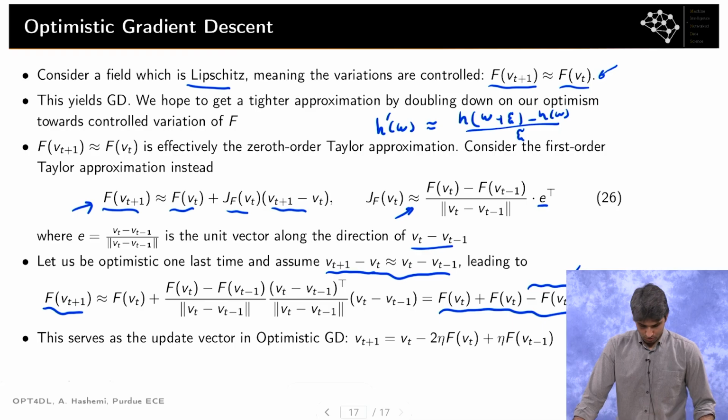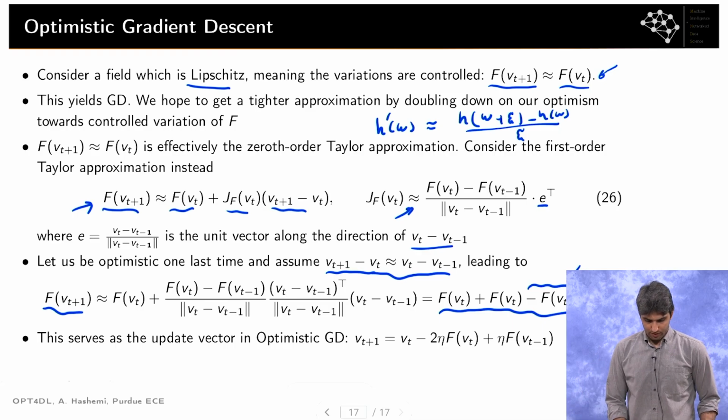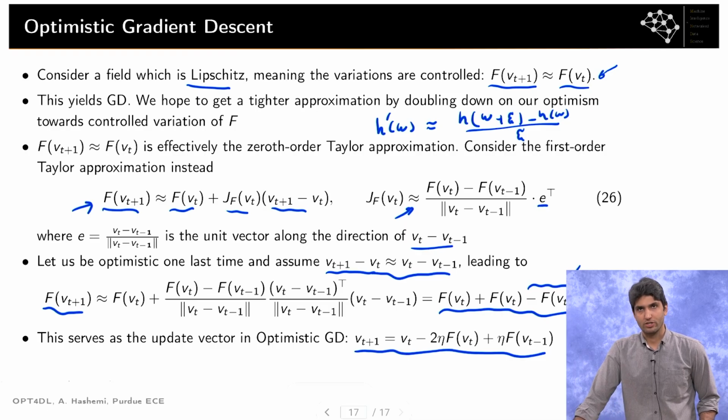If I use this in my update, I arrive at this equation. It says to go from the current point to the next one by following this update vector, which has a term in the direction of the current gradient, and another term, a negative momentum term, which tries to fix the issue that arises from the skew symmetric nature of the dynamics in min-max problems.